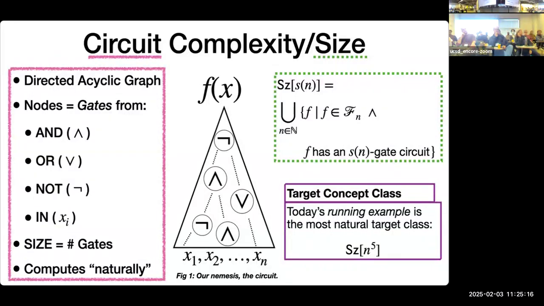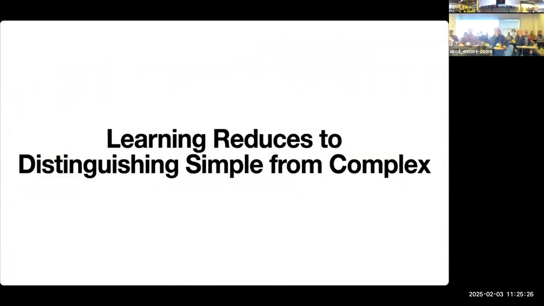Any other questions or discussion about Boolean circuits? Could you clarify why it being way out of reach of current understanding is a useful thing? Yeah. So, the whole point of this talk is that we can take a learning problem and reduce it to a meta complexity problem.